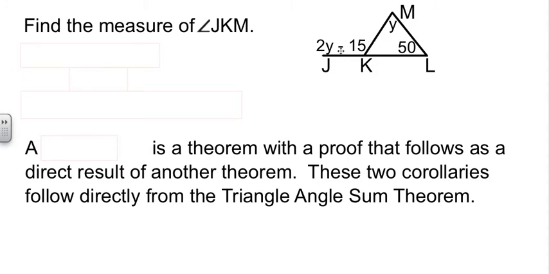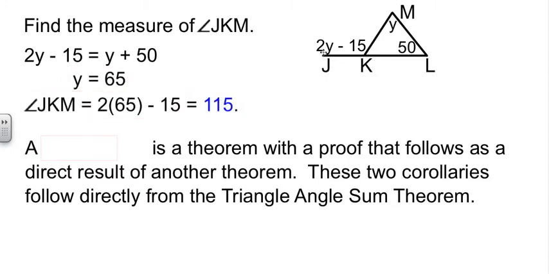This external angle here, 2y minus 15, is equal to y plus 50. Subtract the y over, add the 15 over, and we get y equals 65. And now we'll just plug that in. 2 times 65 is 130 minus the 15 here gives us 115 for that angle.